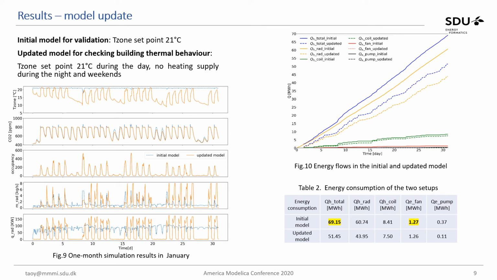And after getting this, we also calculate the values here, which is total energy consumption and also the fan. These two values will be compared to the measurement. Based on those, we consider the model is reasonable for the initial model setup.